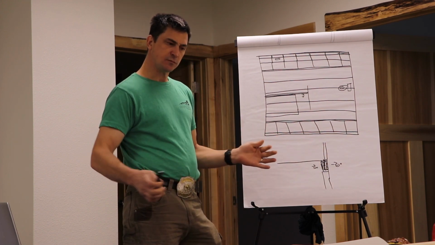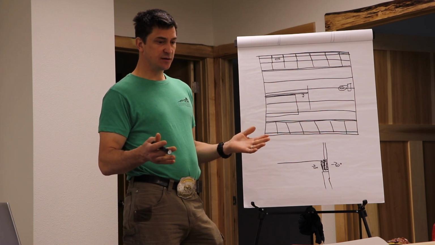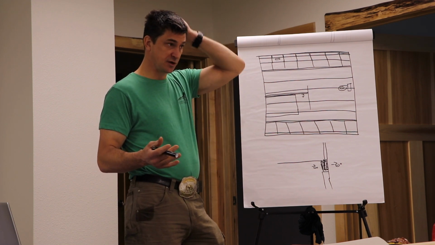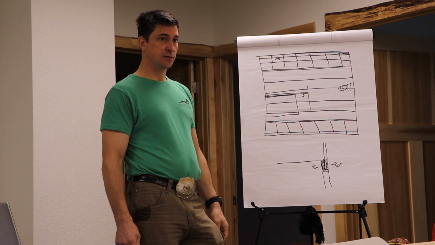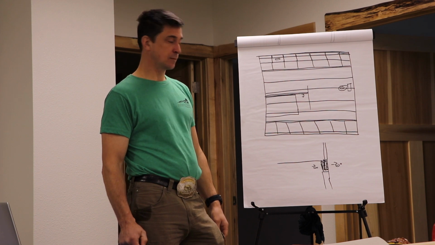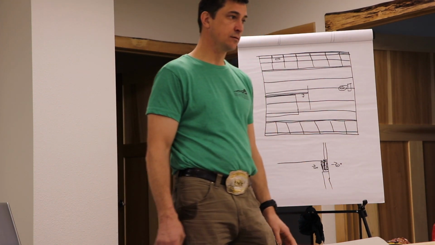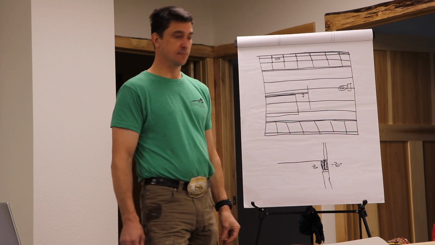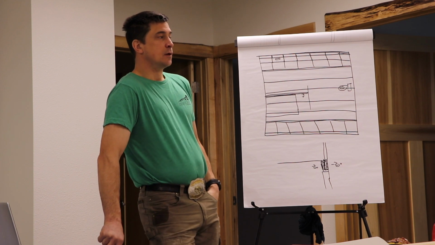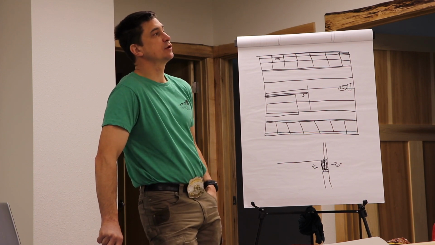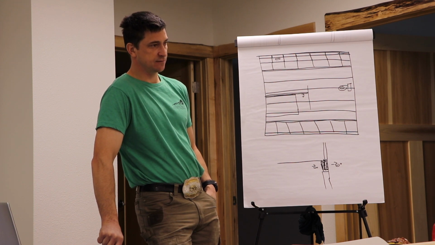And wood only has to hit like 19% or 20% moisture content for mold and fungus to grow on it. So that's always why you need to insulate the crawl space? Yes. Can you just insulate the floor, or do you need to insulate the sides too? You can just insulate the floor.